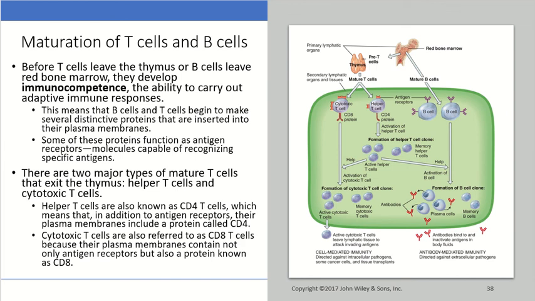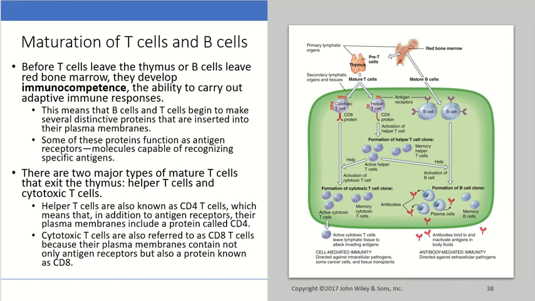Some of these proteins are going to function as antigen receptors, as molecules that are capable of recognizing specific antigens. And there are two major types of mature T cells that are going to exit the thymus. We've got our helper T cells and our cytotoxic T cells.